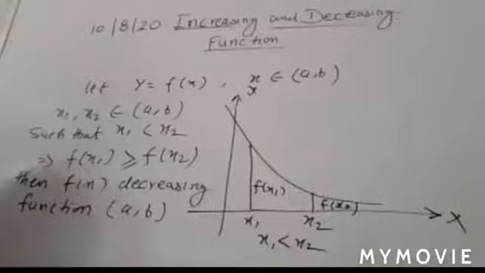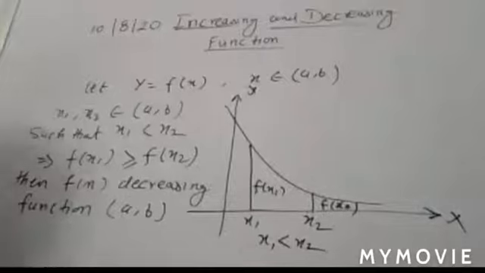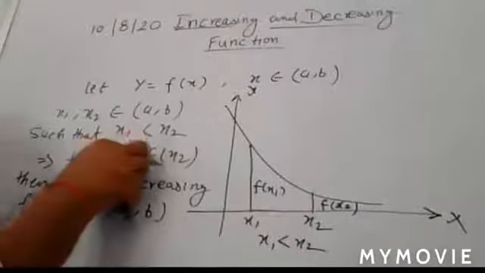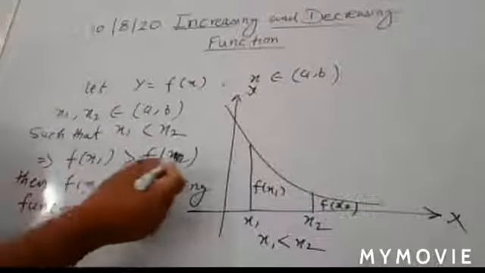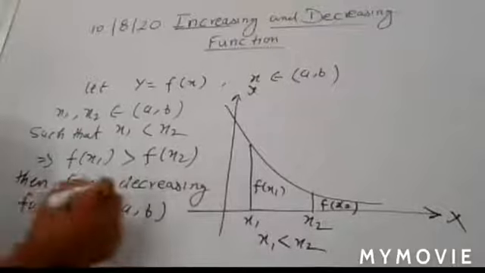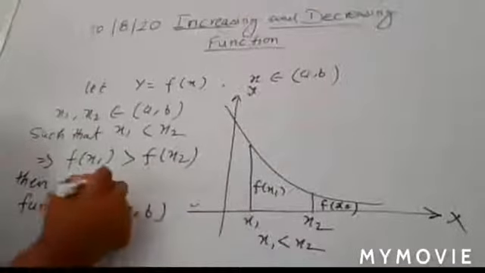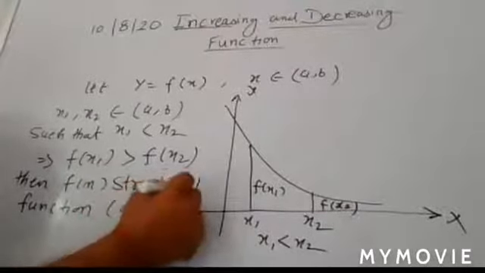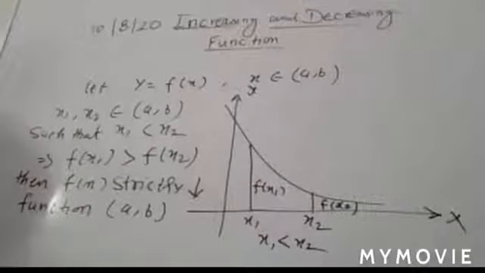So you write f(x1) only greater than f(x2), then f(x) is strictly decreasing function. Write the symbol of decreasing here. Strictly decreasing function.